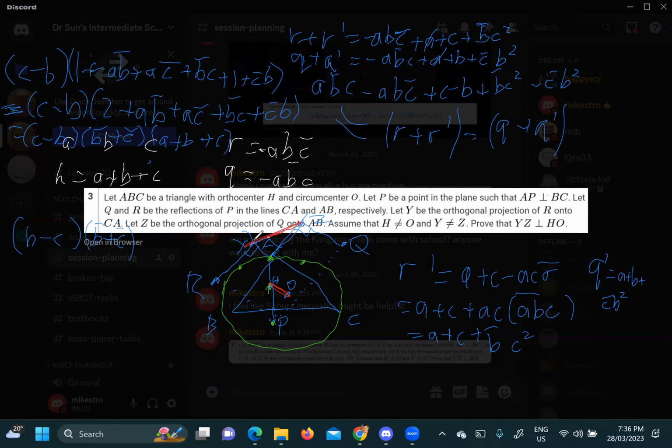When I first saw this problem, my mind was edging on something about affineness, because I was like, oh, if you move P at a constant rate, these two also move at a constant rate.